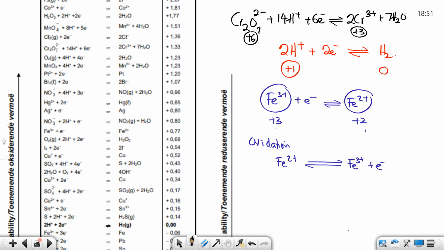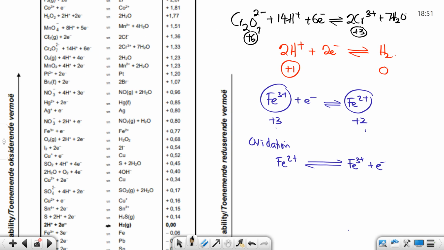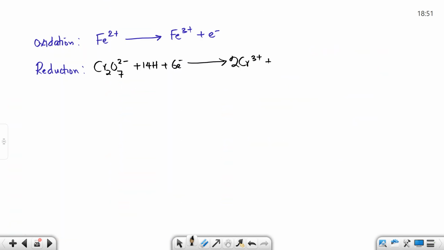So can we go write that down, everybody? Cr2O7 2- plus 14H+ plus 6e- to give us what? 2Cr3+ plus what? 7H2O. My dear learners, are you aware you have 4 marks already? Out of 7 marks.